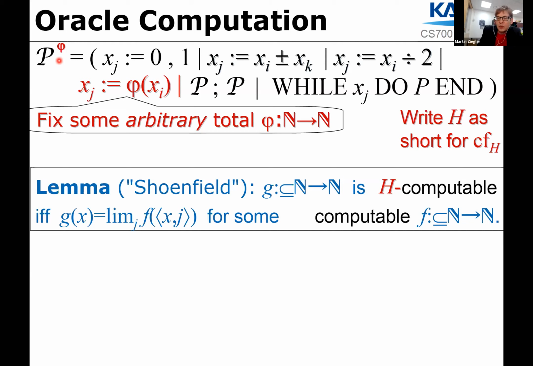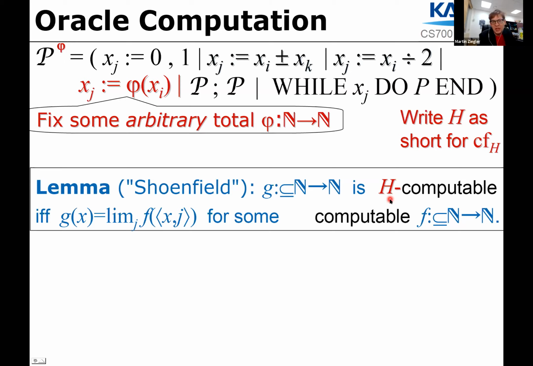Namely, these are precisely the pointwise limits of ordinarily computable functions, functions that are computable without any oracle access to the halting problem or anything at all. So pointwise limit, that's a statement. Pointwise limits are basically the same as having oracle access to the halting problem.